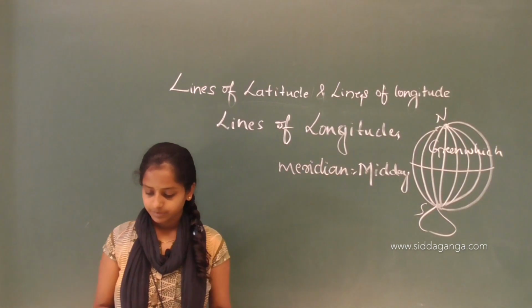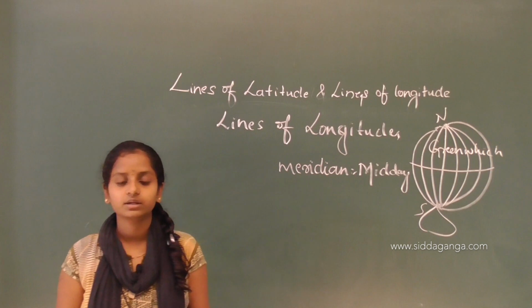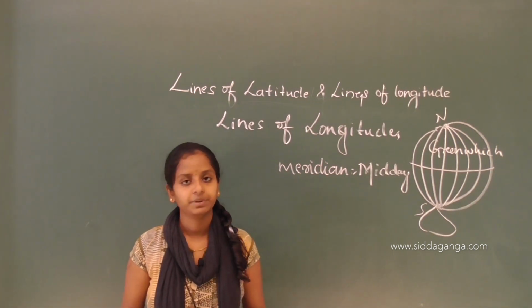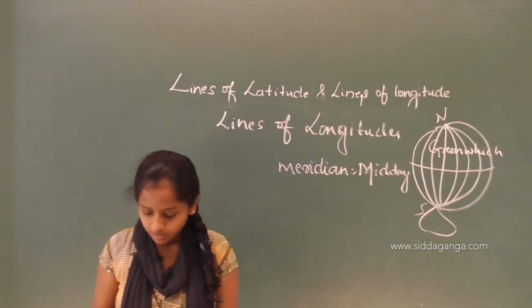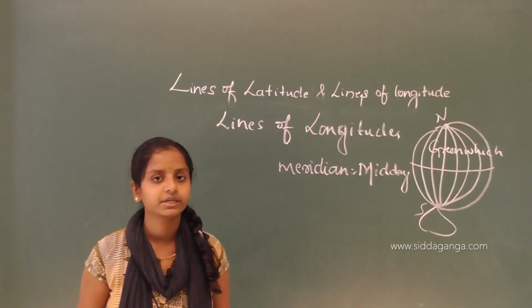The meridian which passes at the Greenwich laboratory, we call that a main or a prime meridian. This is also called the Greenwich meridian.